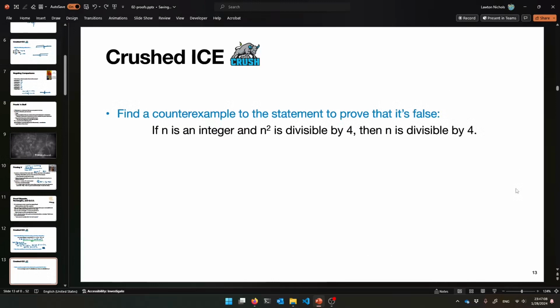If n is an integer and n squared is divisible by 4, then n is divisible by 4. Do you see how there is an implicit "for all" going on in here? For all n, if this is true about n and this is true about n, then we can conclude this thing. So there's also an if-then in there. So for every n, if n is an integer and n squared is divisible by 4, another way to write that is 4 divides n squared.